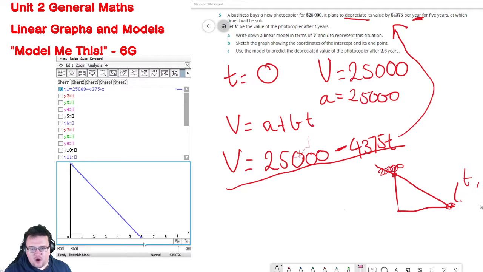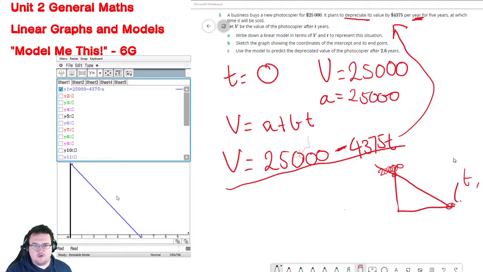So how do we find that point so we know when it is worth absolutely nothing? We could go to analysis, but you can do this even easier. On your calculator, you'll see a button along the top that says y equals 0.